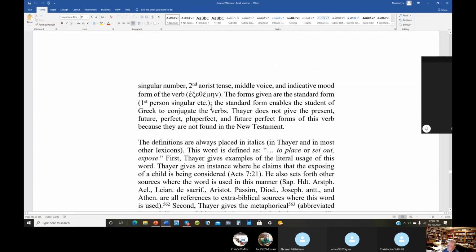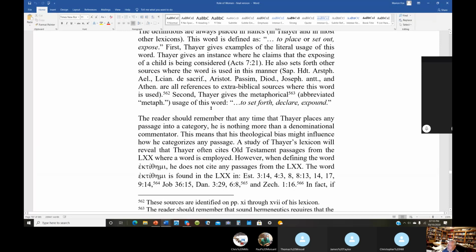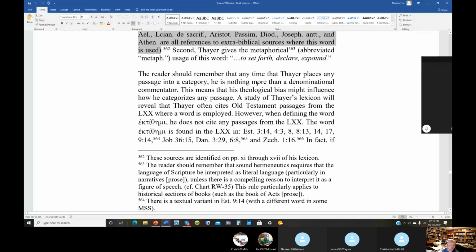All right. But let me point out, how do lexicographers determine the meaning of it? Well, they went to all these sources right here. They went to these sources to get their information, extra biblical sources, to see what it means there. Now, Thayer places the passage as metaphorical.